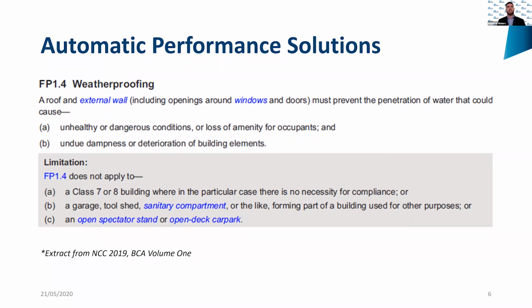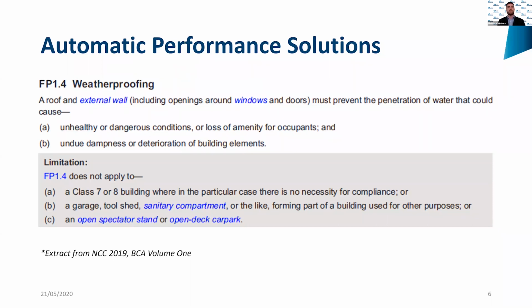Now, if we have a look at the limitations in FP 1.4, there's some limitations for a class 7 and 8 building. However, there's some judgment required in terms of whether there's a necessity to comply or not. So if we had a class 7 or 8 building, there might be circumstances where compliance is required, and it might be due to the use of the building, the nature of what's being stored, or activities that are undertaken in the building.